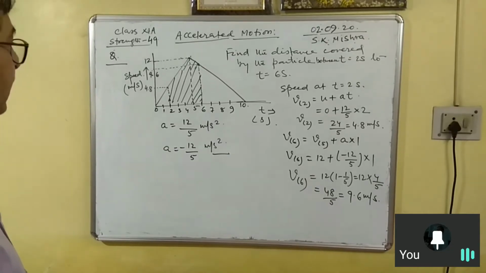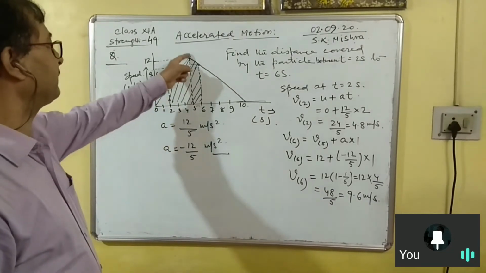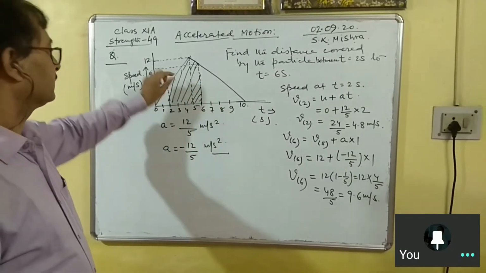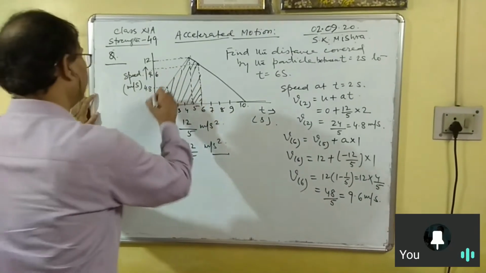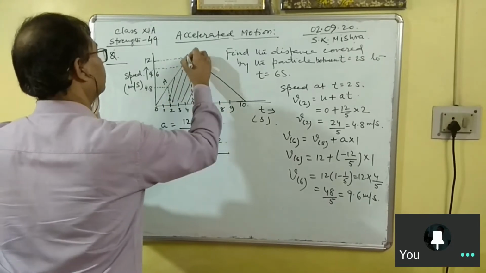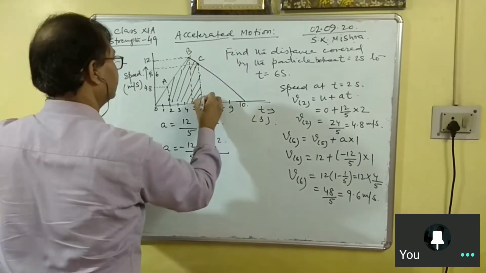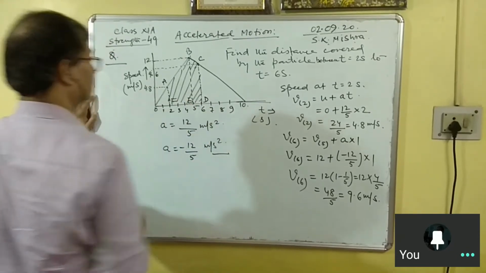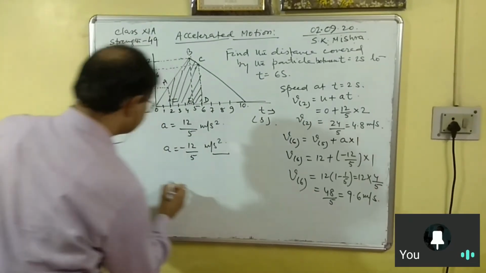Now you are in a position to find the area of this trapezium. Actually this is the area of two trapeziums. The one I can name A, B, C, D, E and then F. Now distance covered.